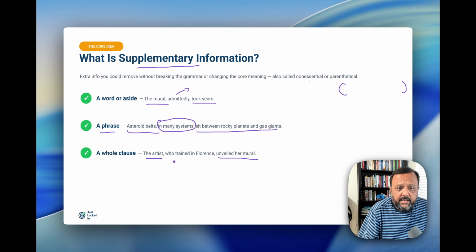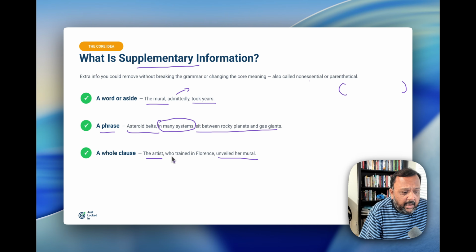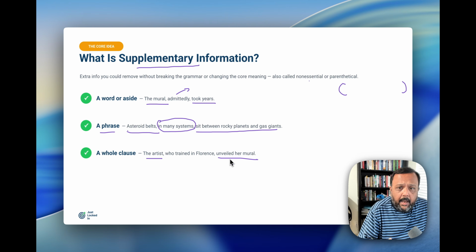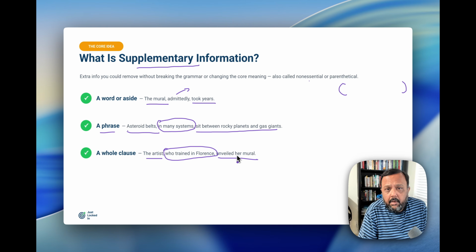I'm not saying it's useless information, but it is not essential from the perspective of what this sentence wants to convey. Therefore, you could remove this, and this is a non-essential clause.